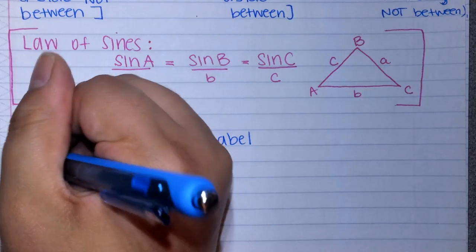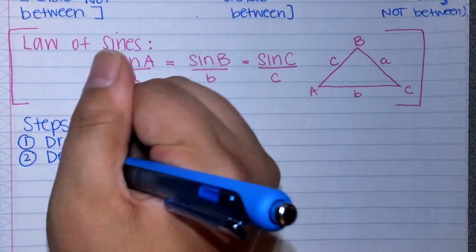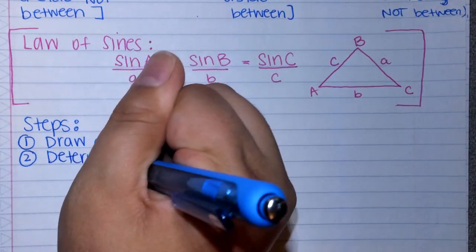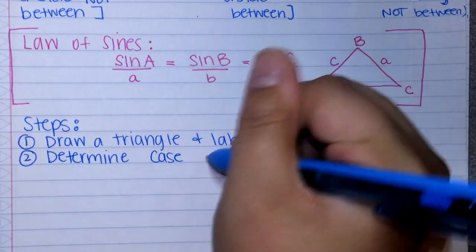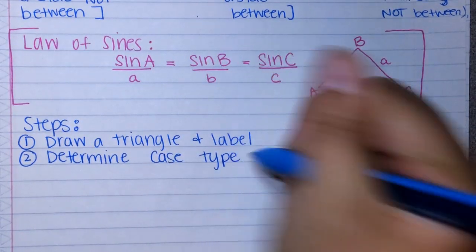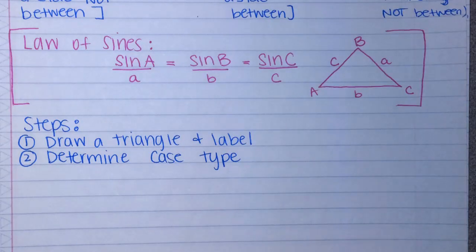Step 2, you are going to need to determine the case type. What do I mean, determine the case type? Is it AAS? Is it ASA? Is it SSA? What if it's AAA? Well, I'm not going to give you AAA. What if it's SSS? Okay, we'll get to that next week.